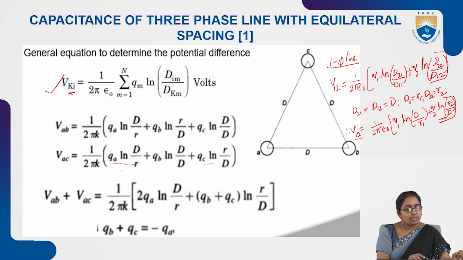The distances are between the conductors. Now, adding both VAB and VAC, that is given by 1 by 2 pi epsilon, which is common.